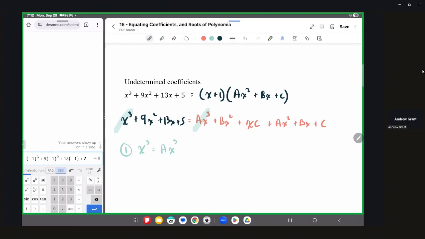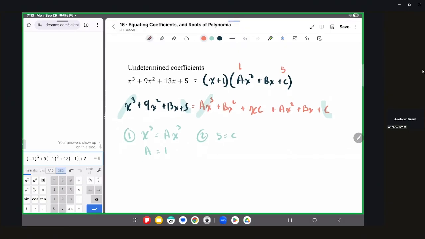So if x cubed is equal to ax cubed, that means a has to be 1. And by a similar token, if I have a look at, say, my second equation, there's only a constant term of 5 on the right, and there's only a c on the right side. So then I know that 5 is equal to c. So we already know for this polynomial, a is equal to 1, and c is equal to 5.